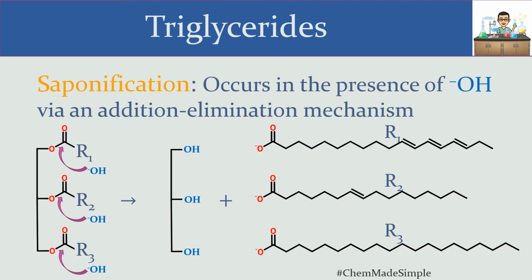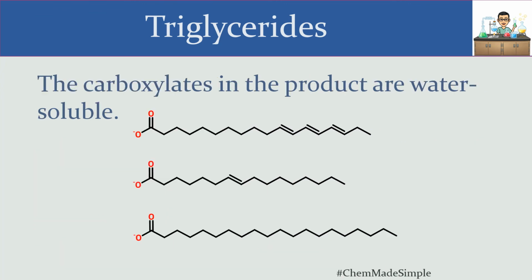So every now and again, depending on what exam you're taking, radical labeling features prominently in terms of the breakup of these molecules. So the nucleophile that came in is going to stick around with the glycerol, and both of the oxygens that used to be on the ester are going to be with the conjugate base of these fatty acids, these carboxylates. Now those carboxylates in the product are now water soluble.